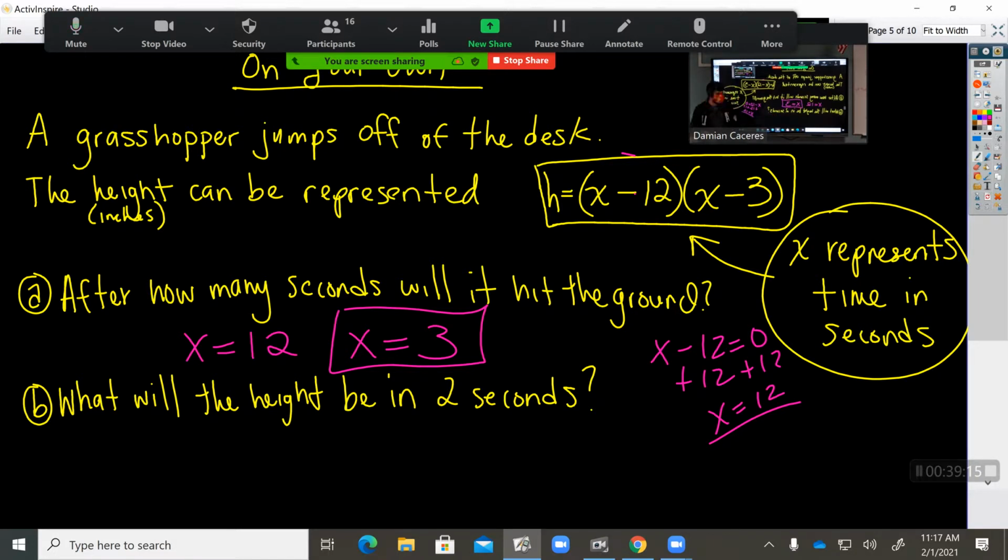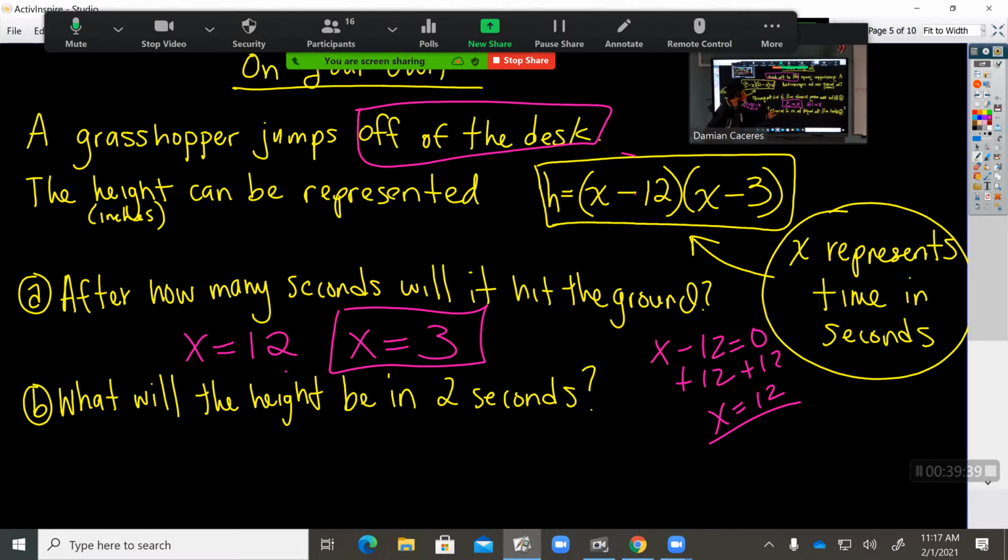It's too long. Too much time. Where did he jump off of? A desk. You think he's going to take 12 seconds to hit the ground off of a desk? No. He's not going to get caught in the wind and stay for 12 seconds in the air. Right? So it's not always a negative number, the one that's not the answer. The one that's obviously not the answer can be eliminated.